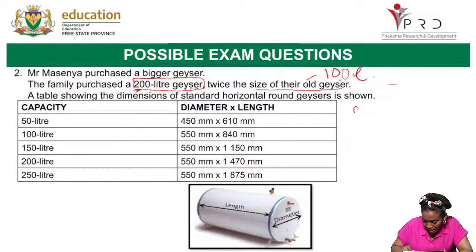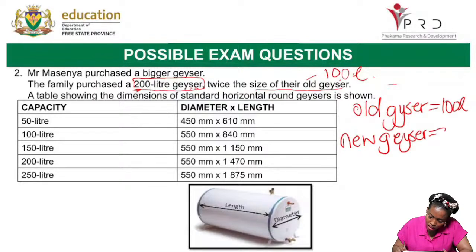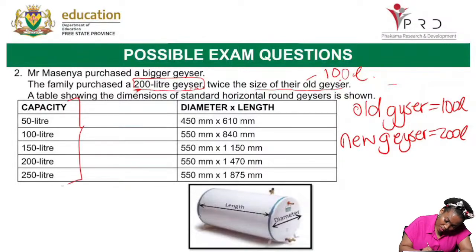So the old geyser was 100 liters. The new geyser is 200 liters. That is what we have. Right. A table showing the dimensions of standard horizontal round geysers is shown. So we've got the capacity of the geysers.